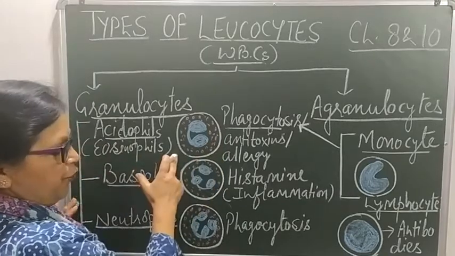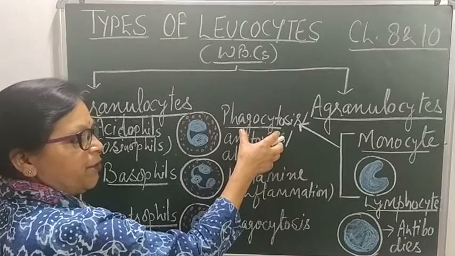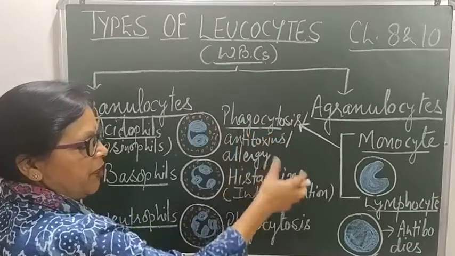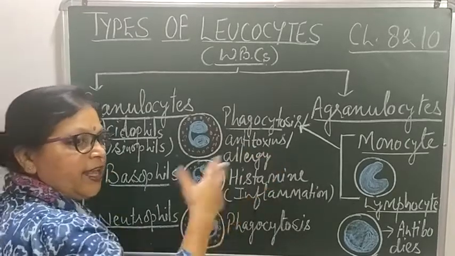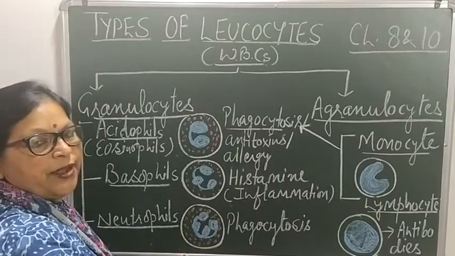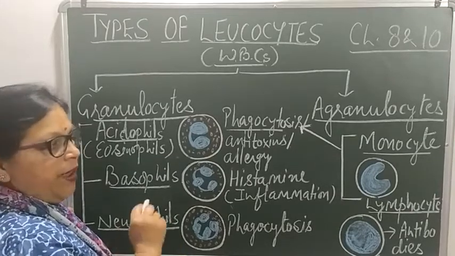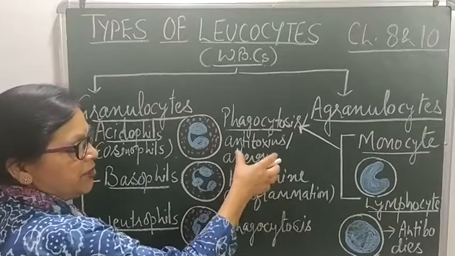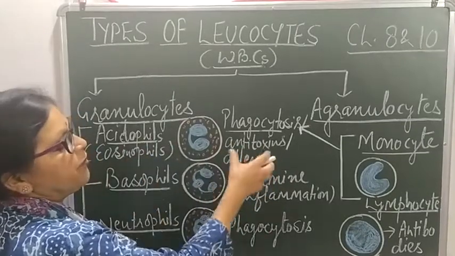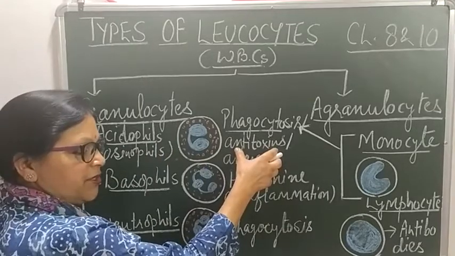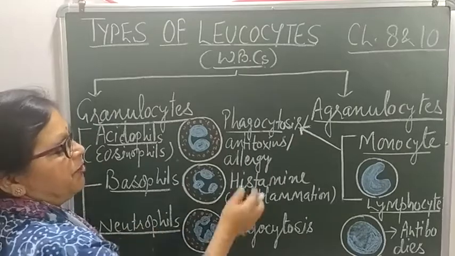So these acidophils eat germs in case they enter the body by the process of phagocytosis, or they produce antitoxins. You know, when germs enter our body, they produce certain toxins, toxic substances, and in response to that toxin, these WBCs, acidophils, will produce antitoxins and will make those germs less effective.